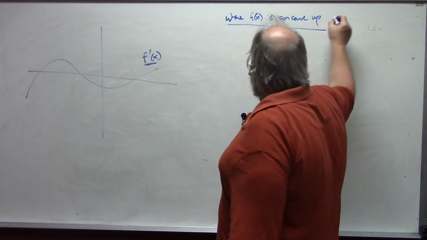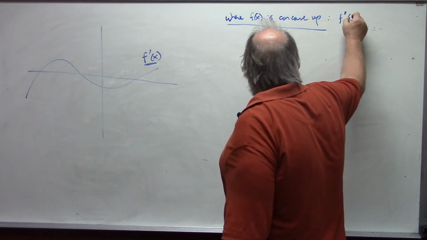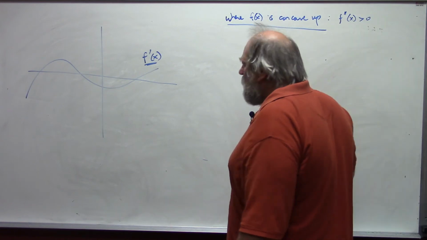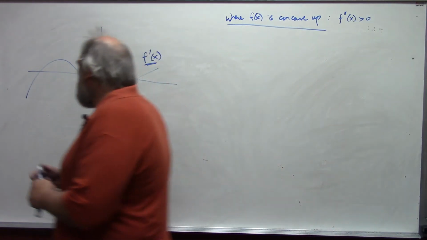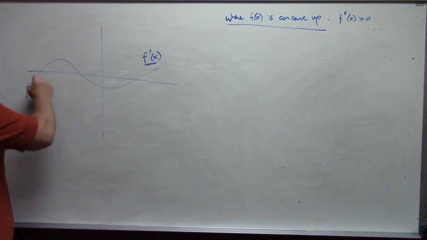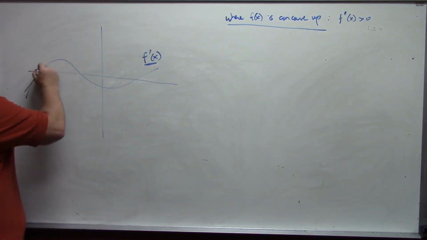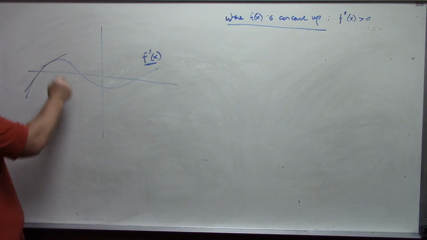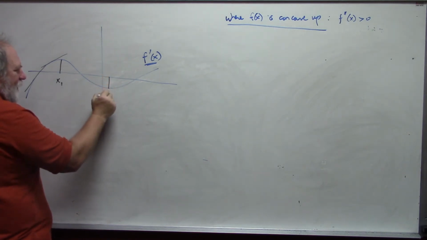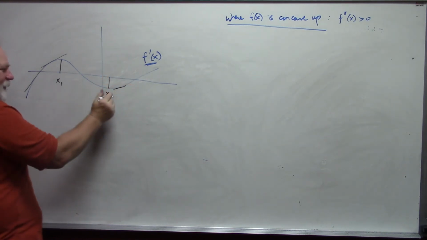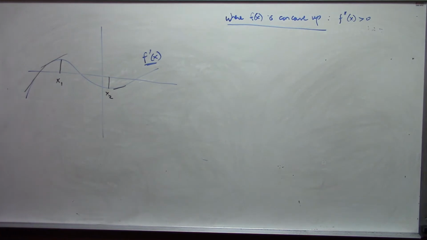Concave up, remember, means f double prime of x is positive, which means that the derivative of the first derivative is positive, or the slope of the tangent lines are positive. Notice that occurs up to this value, which I'll call x1, and over on this side from x2 on.